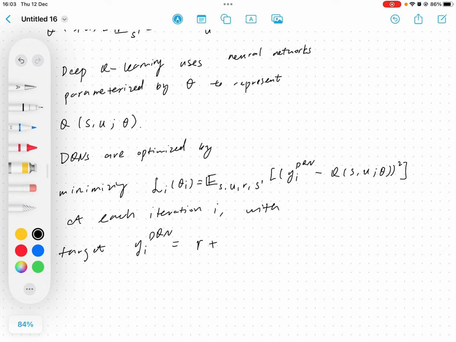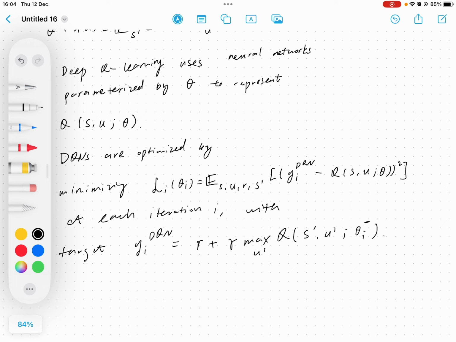The first term is this reward, and we have the discount factor and maximize by choosing some U prime for the next state and for the next period. Here we have this Q value taking S prime, U prime as the input. And here we have this theta_i, but we add a minus sign, which is just some notation to denote that this is different from theta. We'll explain this later.